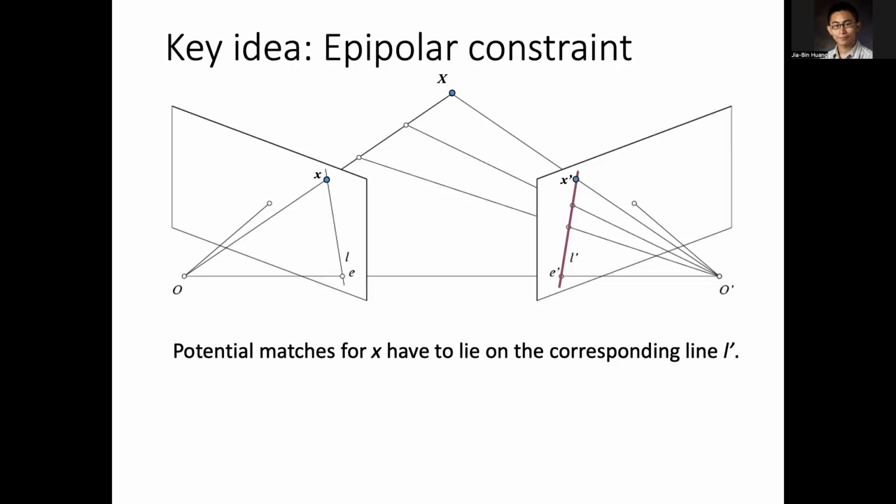The reason is what I said: you don't know where that point lies on this ray. Okay, so it could be this, it could be this, it could be this. You could be near these locations, and therefore it must be lying on a line.